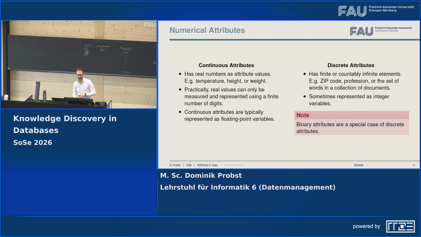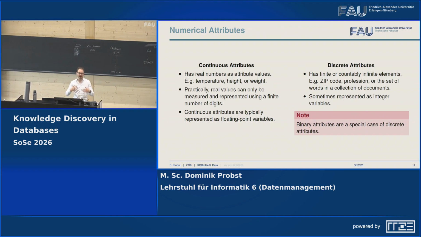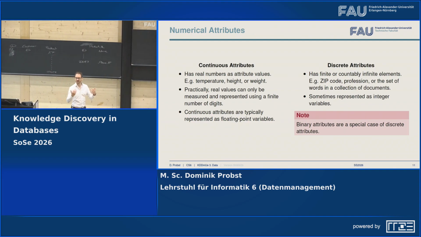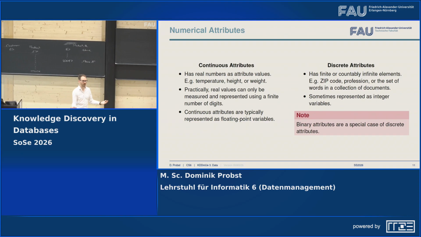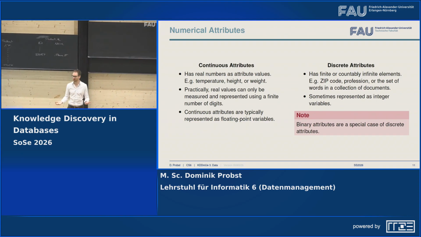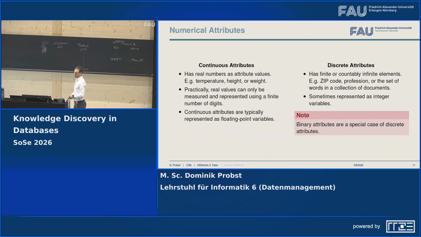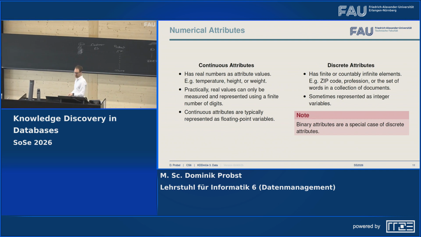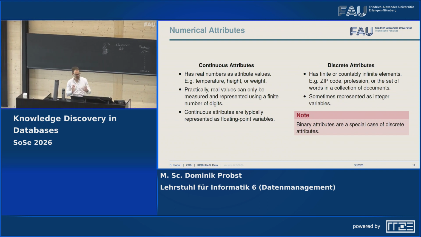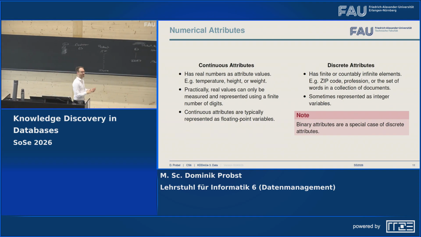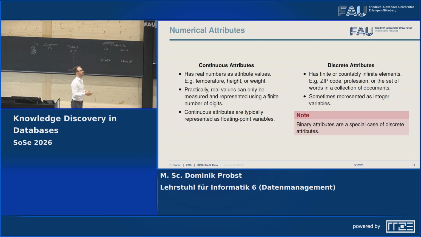On the other side, we have discrete attributes. Most have a finite, countable number of elements. A zip code has a limited number of possibilities. A set of words in a collection is not a very good example because it's not numerical, so let's go with another example.